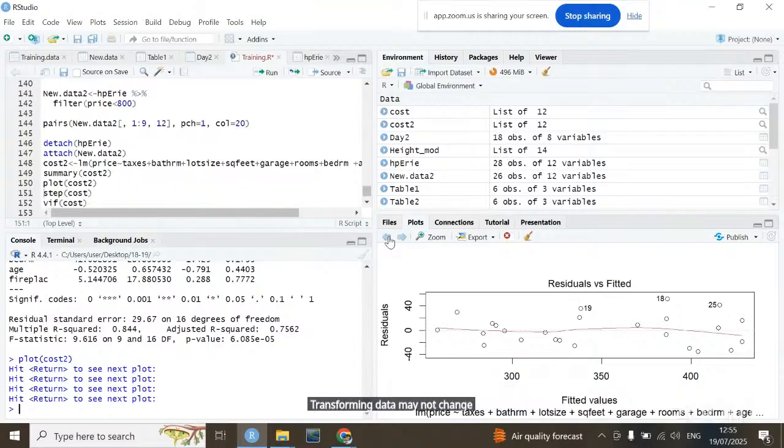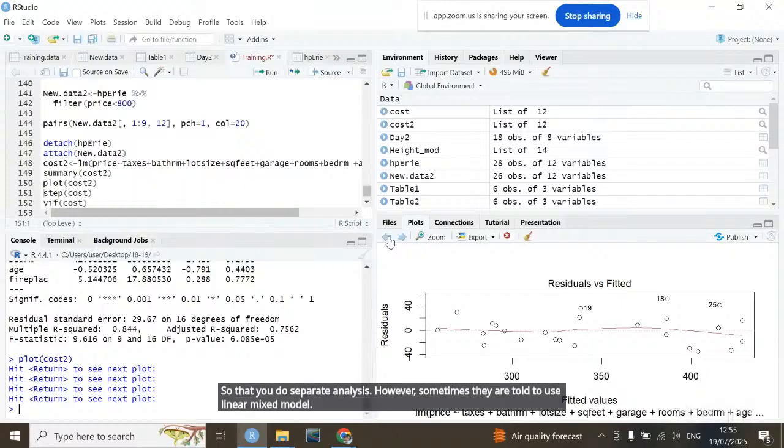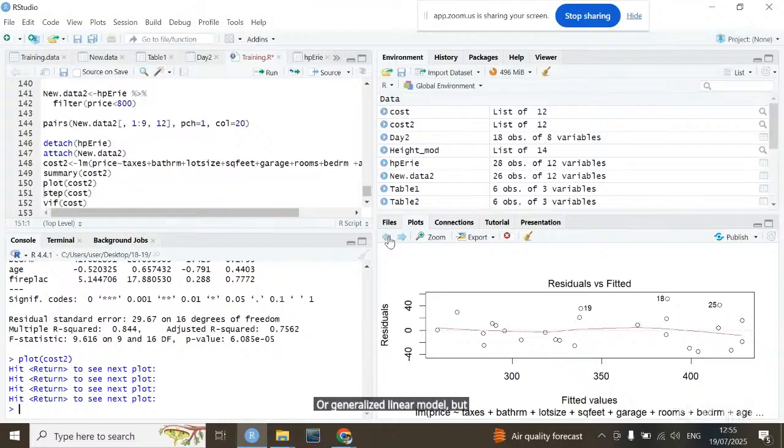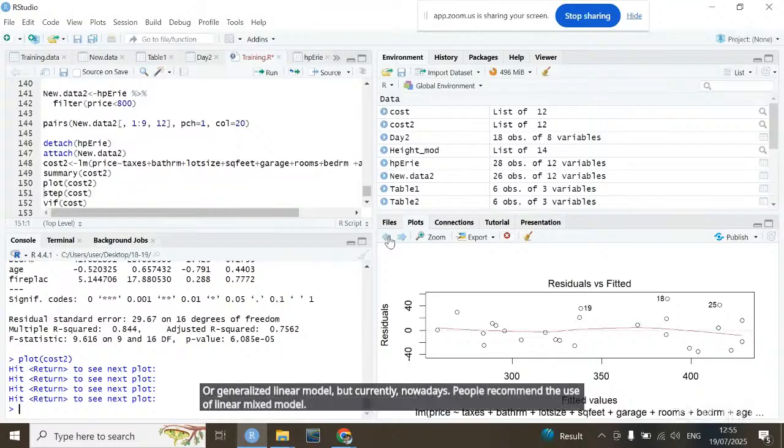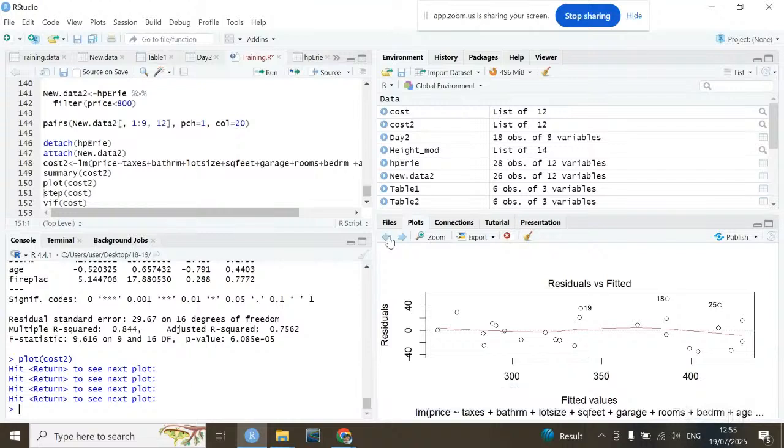Sometimes we are just told to split the data so that you do separate analysis. However, sometimes we are told to use linear mixed model or generalized linear model. But nowadays, people recommend the use of linear mixed model. And now the linear mixed model requires you to know your data very well. If you don't know your data, it might affect the results.